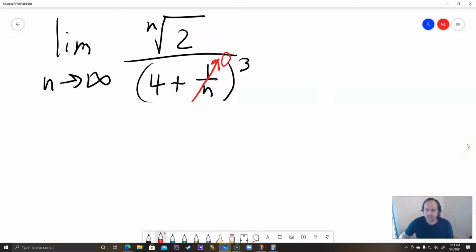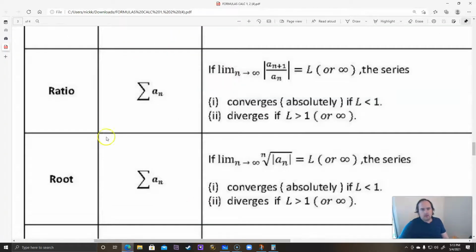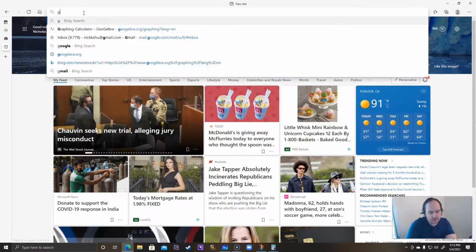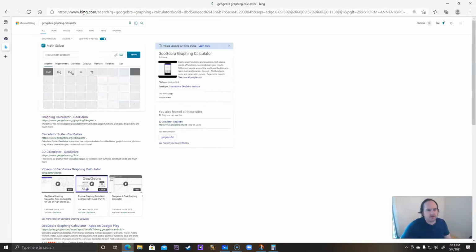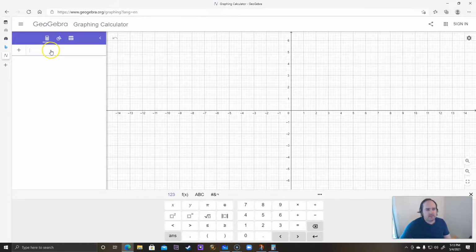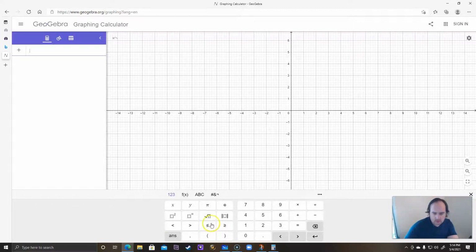Well, it turns out that you can use GeoGebra if you're wondering what the nth root of 2 looks like. You would type GeoGebra graphing calculator in your search engine and open it up. But because it doesn't have nth root, we're going to type in the xth root.